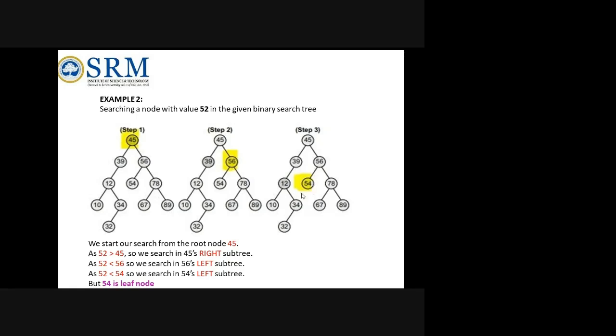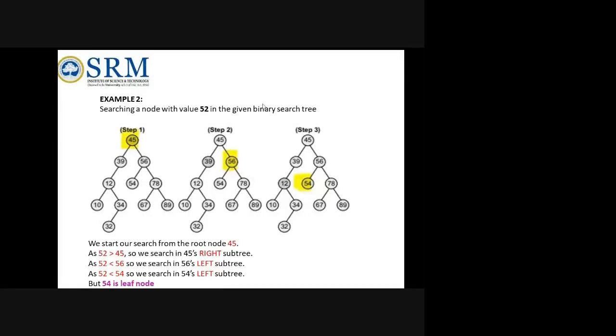So once the leaf node is reached, your value 52 is not found. We conclude that 52 is not present in the tree.